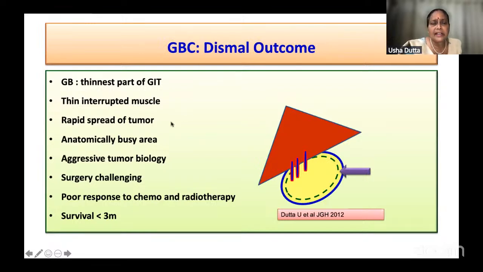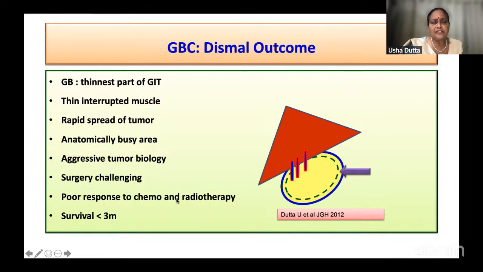Once gallbladder cancer occurs, it has a dismal outcome. It really puts all our surgeons to the test in order to ensure that the patients have a good outcome. And we have expert surgeons in our country, but it does take a lot of their time and effort. That's because the gallbladder has a thin wall, and it has interrupted muscle, so the tumor gets into the surrounding areas very quickly, gets into the lymph nodes very quickly, and it's an anatomically very busy area.